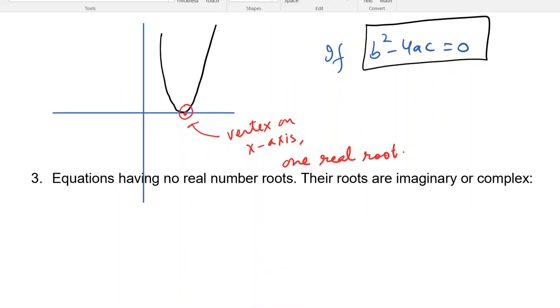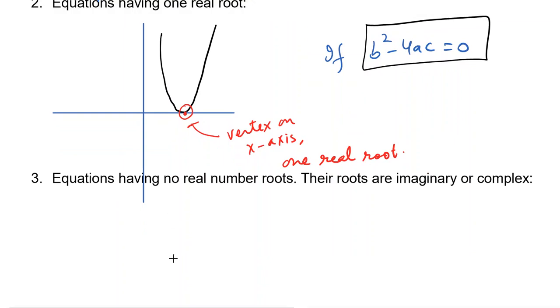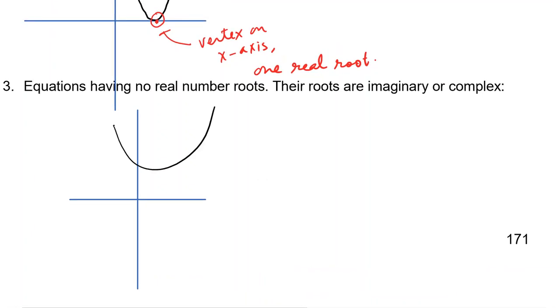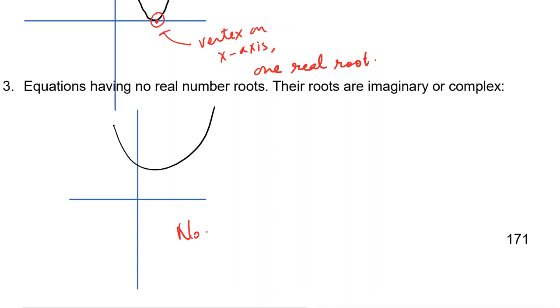And there is a third case, when your parabola does not intersect the x-axis, something like this. In this case we have no solution, because the parabola and the x-axis do not intersect.